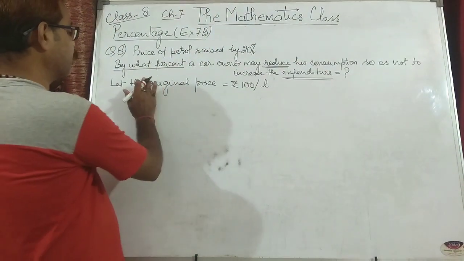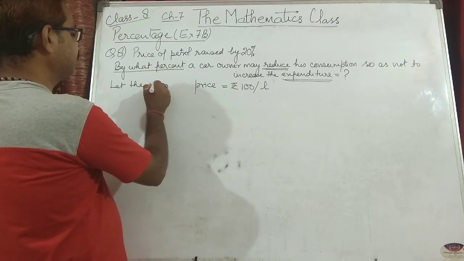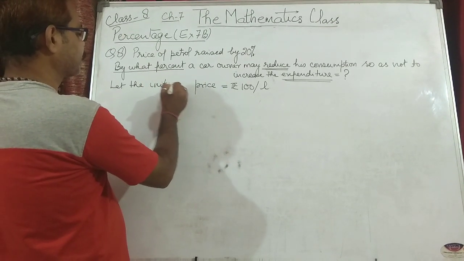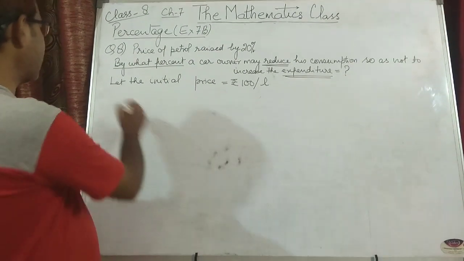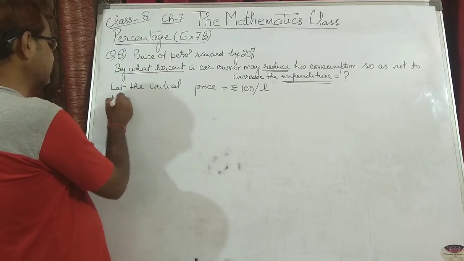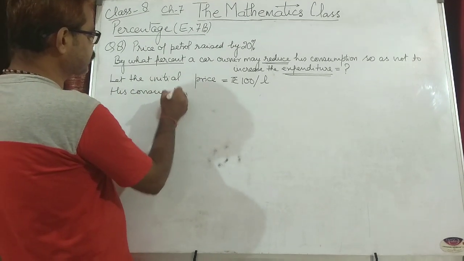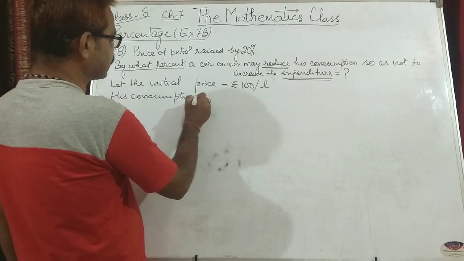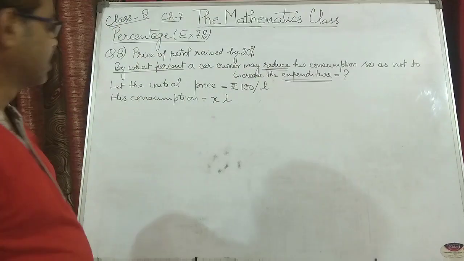So let the initial, or original, price of petrol be 100 rupees per liter, and let us assume his consumption as X liters initially.